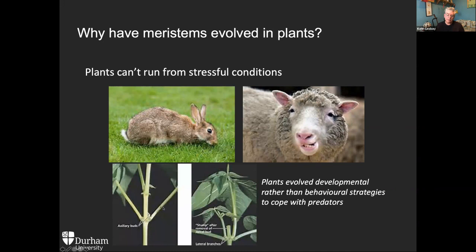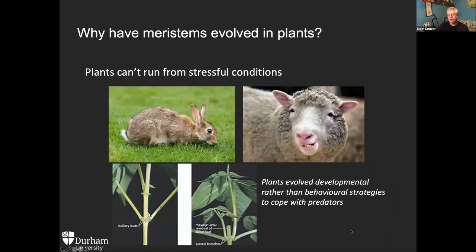So what plants have evolved is a system of, if you like, emergency meristems, these so-called axillary meristems that are further down the stem. And when this top bit of the stem gets chewed off by an angry sheep, these new meristems are then activated and the plant survives.